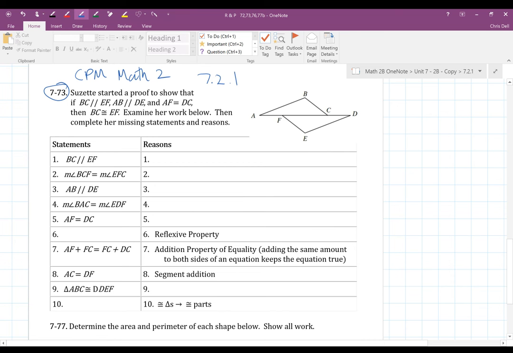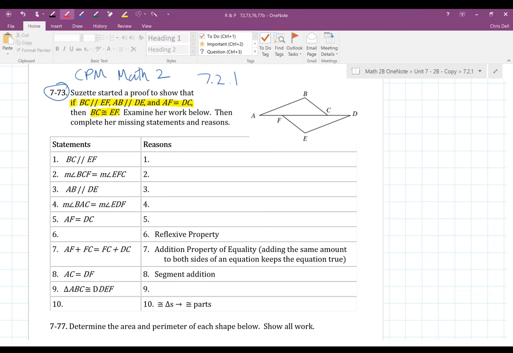Okay, so that's my given, right? This is the "if." When you see this, if all of this is true, then, this is where we want to end. This is our proof. So if all that's true, then BC is congruent to EF. So examine her work below and then complete her missing statements and reasons.